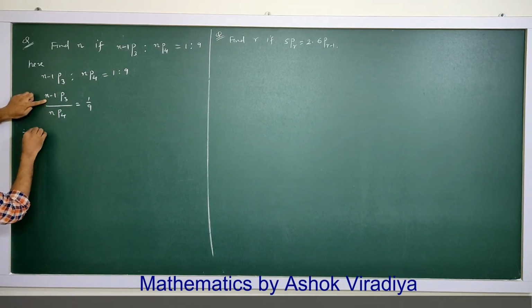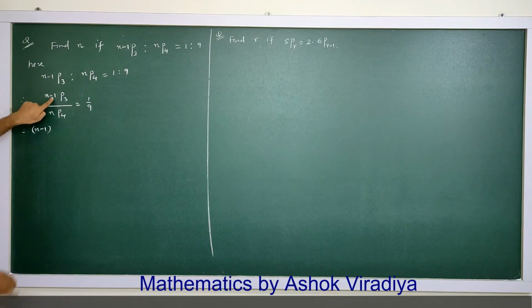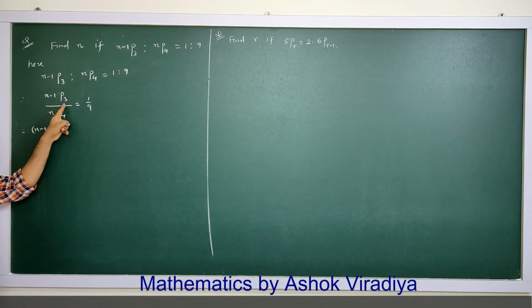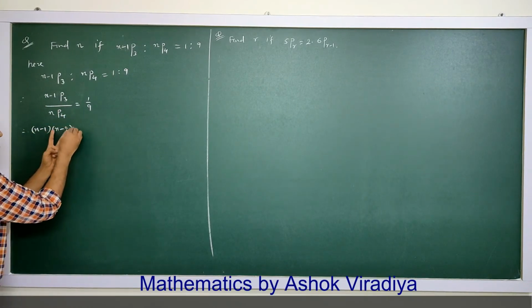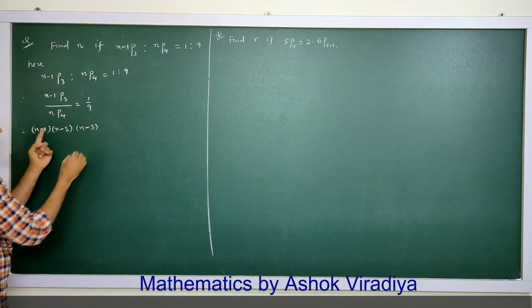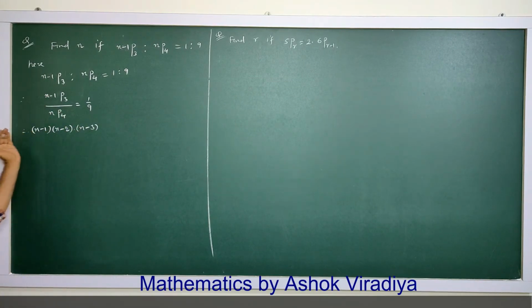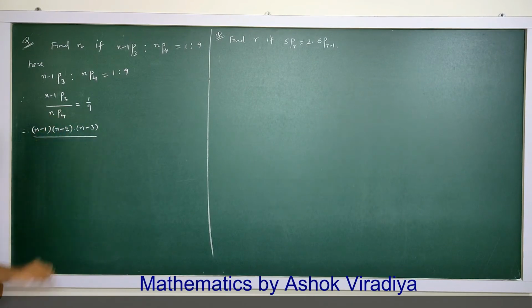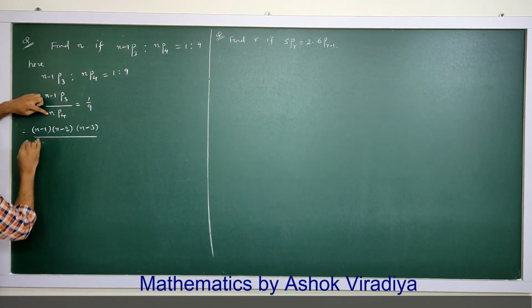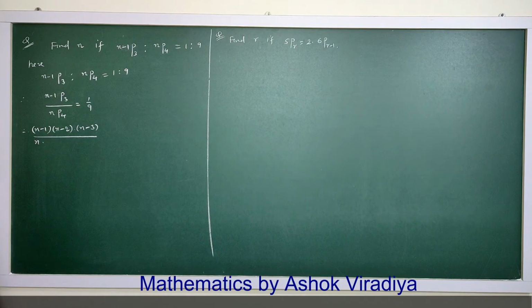So here by formula, beginning from n minus 1, taking product 3 steps back: n minus 1, n minus 2, n minus 3. Beginning from n minus 1, go back 3 steps, upon nP4, beginning from n, 4 steps back.